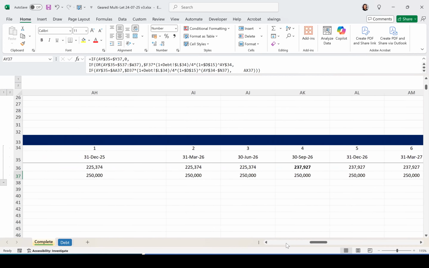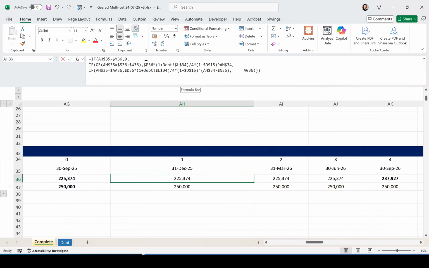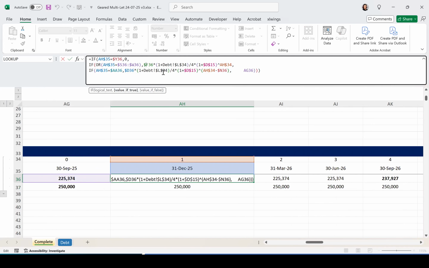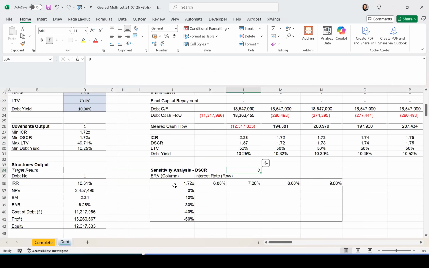So how are we going to input that? We need to make sure that in this formula of the forecast, you include those dummy variables. So F36 is your ERV, and you're going to make the ERV dependent on what happens if it is 0, what happens if it is minus 10.